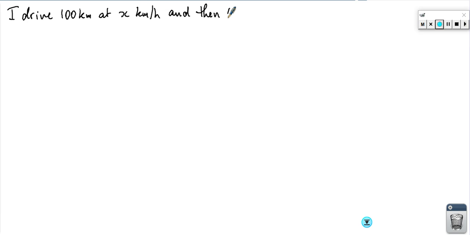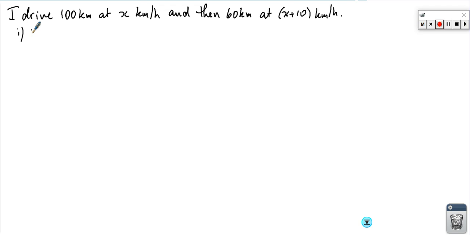So suppose we have the following problem. I drive 100 kilometers at x kilometers per hour, and then 60 kilometers at x plus 10 kilometers per hour.